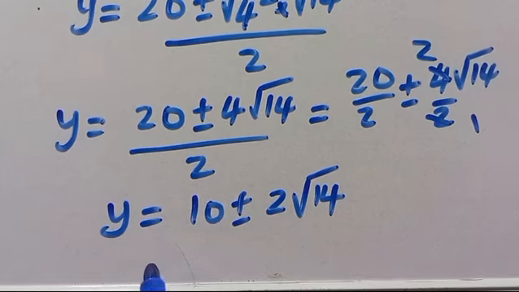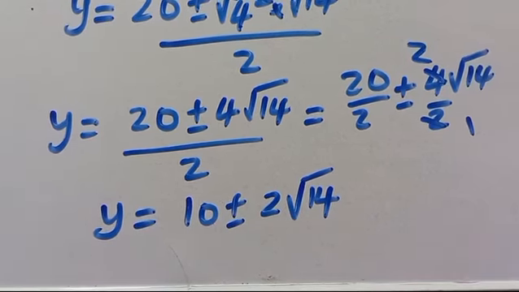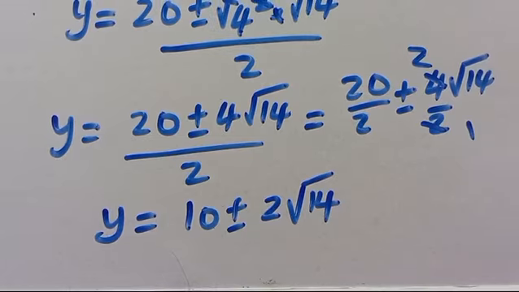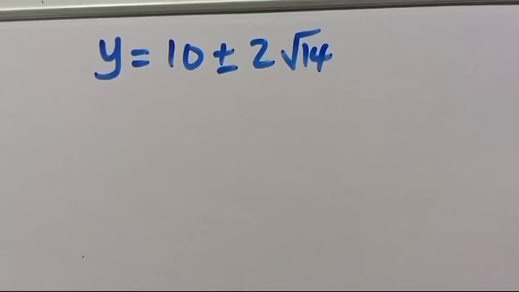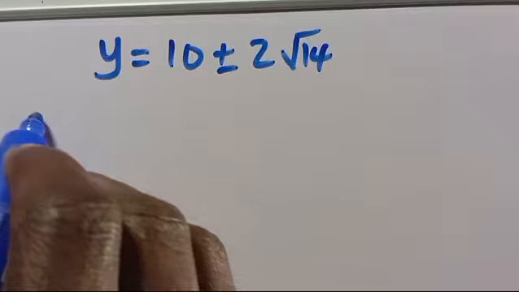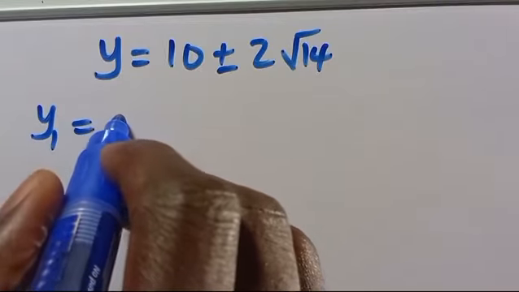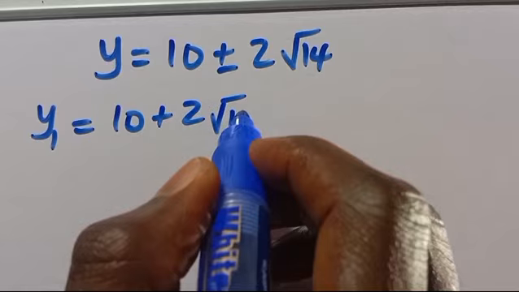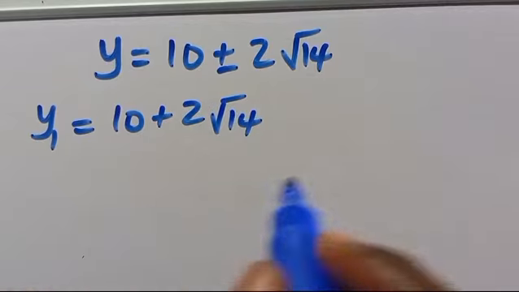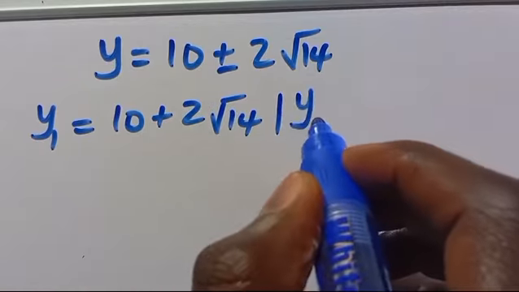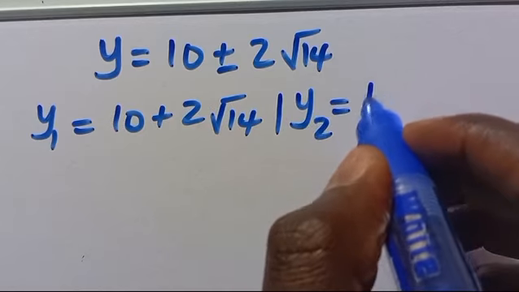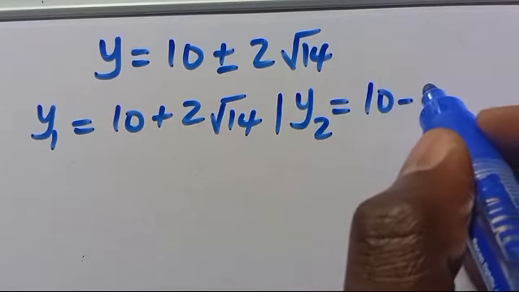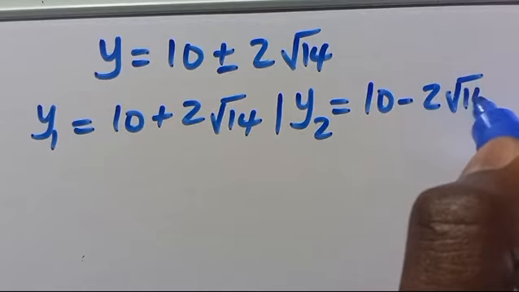So meaning we can say we have y1 to be 10 plus 2 multiplied by root of 14. Then y2 equals 10 minus 2 multiplied by root of 14.